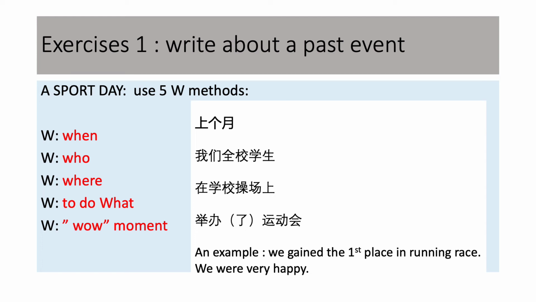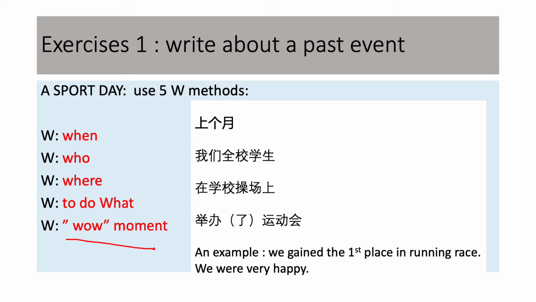This method makes sure you construct a correct past tense event writing before you add much further words to show your ability. For instance, I'm going to show you how to write a sports day. The first W is when, second W is who, then where, and to do what. Lastly, the wow moment, okay? We're going to focus on the first 4W first.